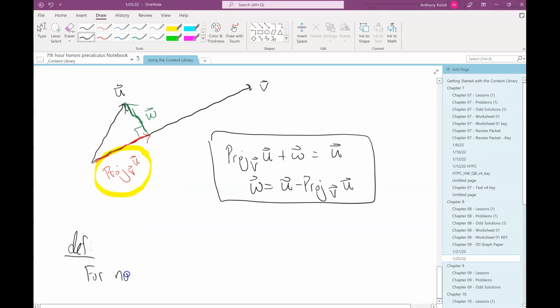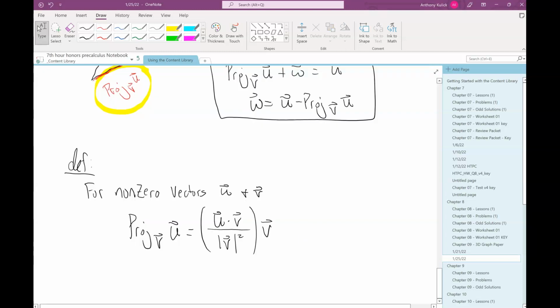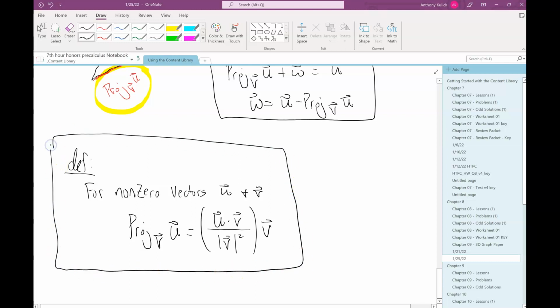For non-zero vectors u and v, we say that the projection of u onto v is equal to the dot product of u and v divided by the magnitude of vector v squared, times vector v. So that's our definition for the projection of one vector onto another.